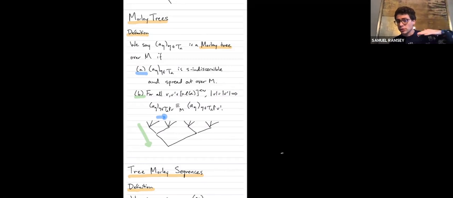Well, that's contained in the type of the restriction of my tree to the levels 0, 1, 2. And I know that that's the same as the type of the restriction of my tree to, say, 6, 7, 8.